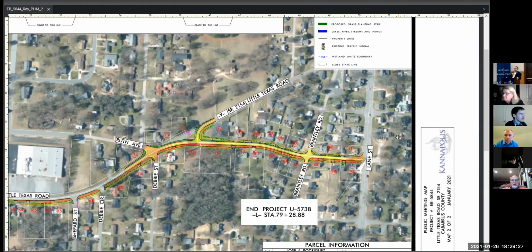Right now, the project is funded, so certainly anything's possible. But right now it's got design funding, right-of-way funding and construction funding. That certainly could change. I can't guarantee you that they're going to give us funding if something else happens, but right now the project is funded, and we don't anticipate losing it.